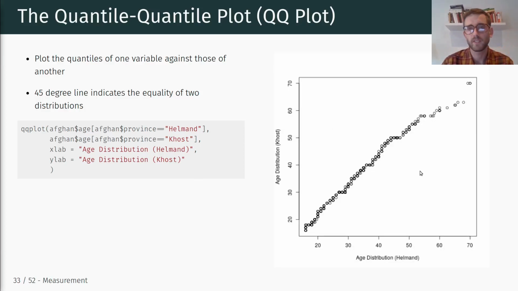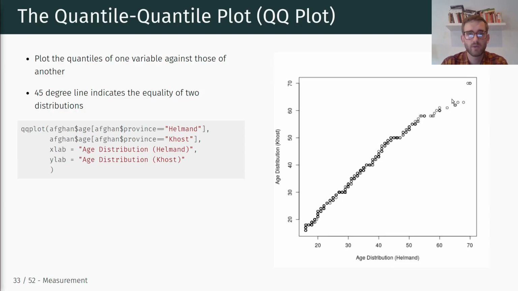And so the important thing is to go through the underlying logic of what this QQ plot does, right? Ultimately, what this QQ plot does is it separates each distribution, the age distribution in Helmand and the age distribution in the Coast province, into separate quantiles, okay? Remember, the quantiles are basically just, so this is the tail end of the distribution, and so we're separating the overall distribution into equally sized bins, right?